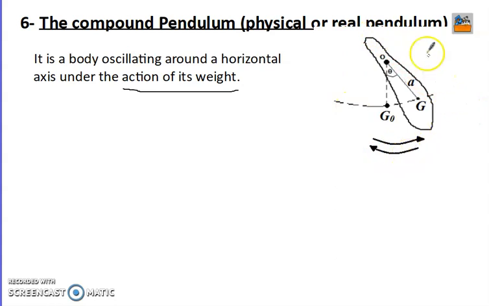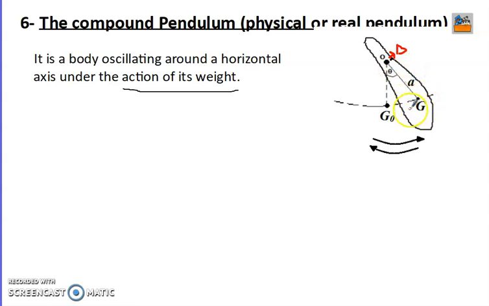Let's make the pen a little bit thicker. This is the body. Here is the pin of the axis passing through O, means delta is here, passes through this point. This is delta, axis of rotation. Okay? Let me draw it cleanly. This is the axis delta passing through this point.